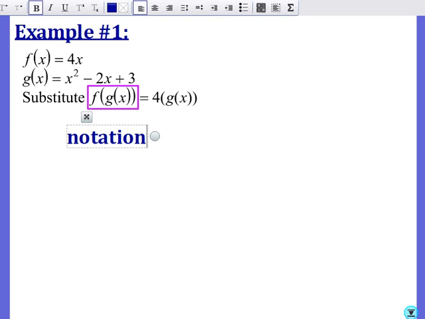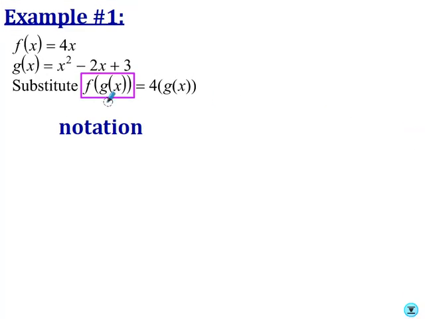What that means is everywhere that I see g of x, instead of x, like I have up here, I'm going to plug in this whole g of x function. And that's exactly what this step says here.